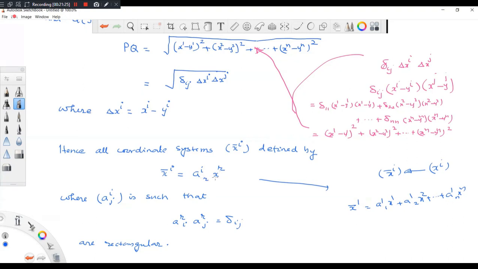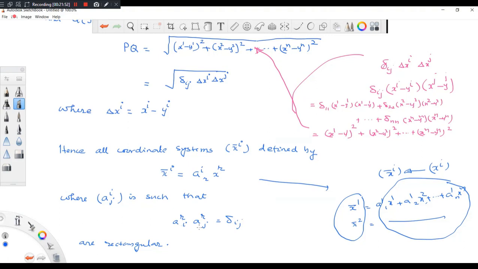Here, look, r is repeating, so Einstein summation convention; the summation will be over that one. Similarly, the second coordinate x bar 2 you change accordingly. So from this xi coordinate system on the right side, to the x bar coordinate system on the left side, this is the way by which you can go from one coordinate system to another. And what is the condition on the transformation?